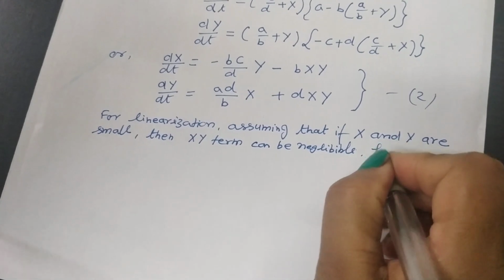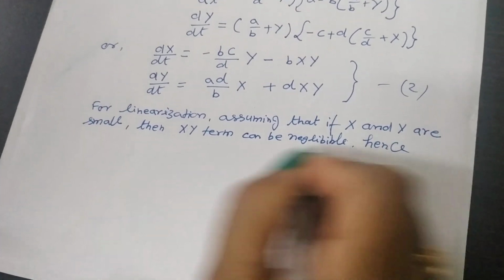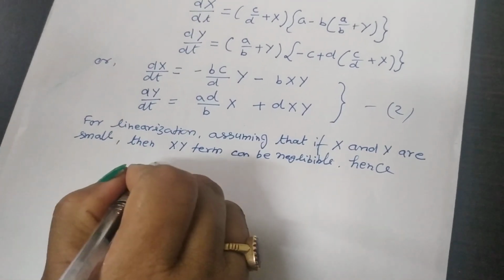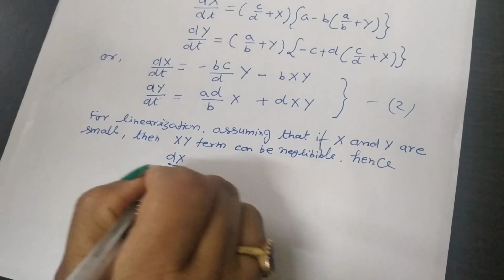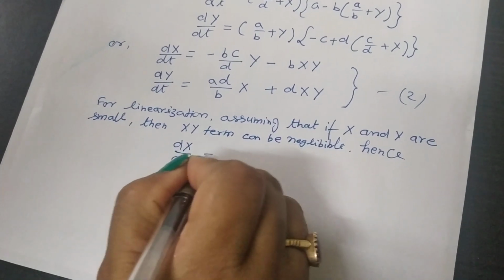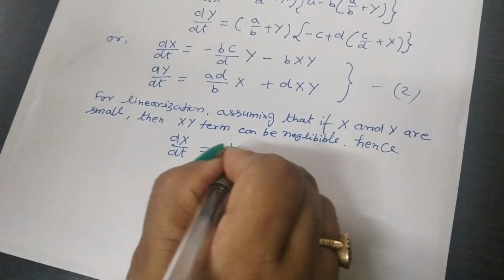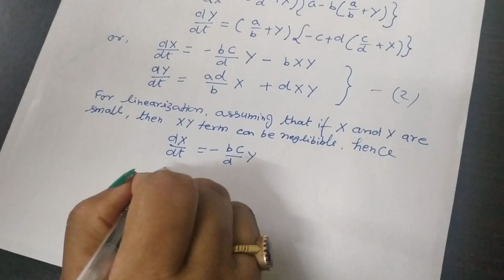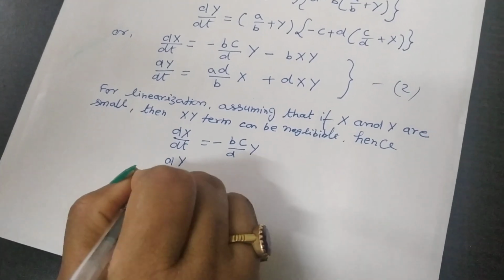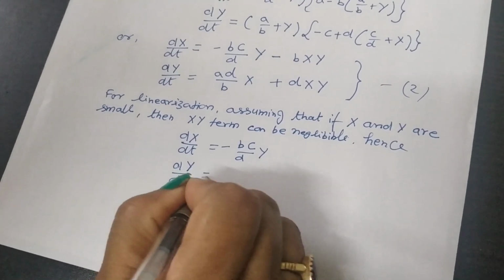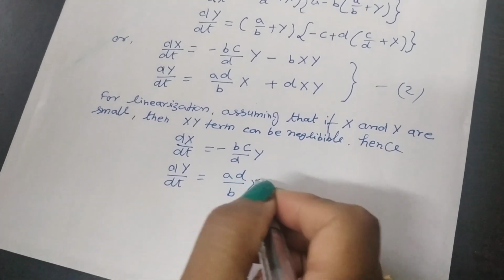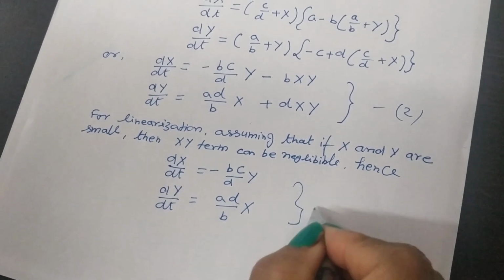Hence we get dx by dt is equal to only minus bc by d y, and similarly dy by dt is equal to ad by b x. Let this equation be 3.